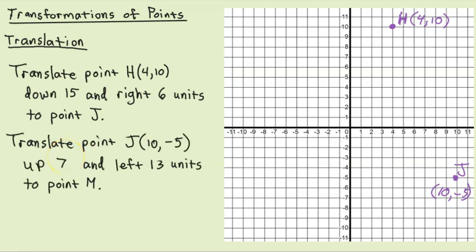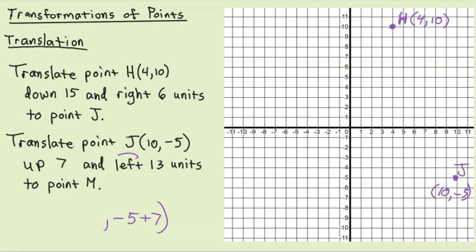All right, this says translate point J, which we're already familiar with. It's at 10, -5. Up 7 and left 13 units over to point M. All right, well, up 7, that means add 7 to the y value. So we're going to do -5. Up 7 means plus 7. That's our y coordinate.